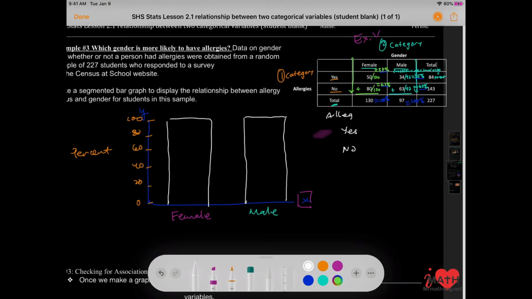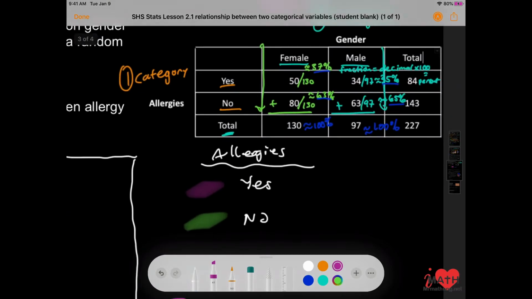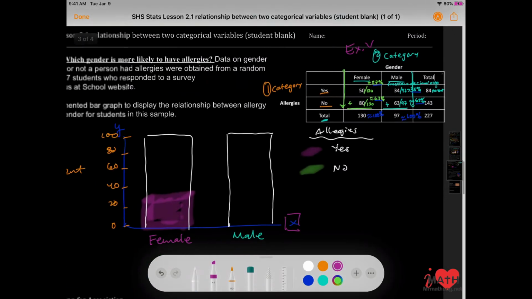No, allergies. Okay, so females have 37% allergies, something like that. And males, if you look at our chart here, has 35% yes, has allergies.